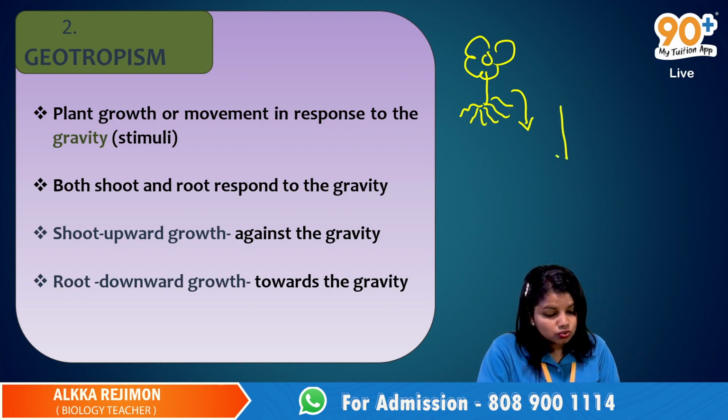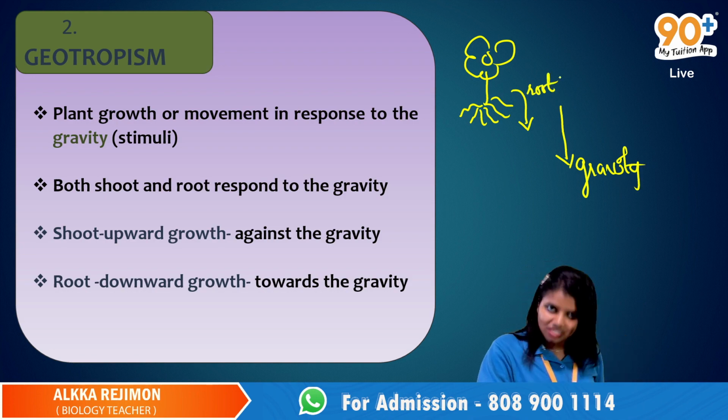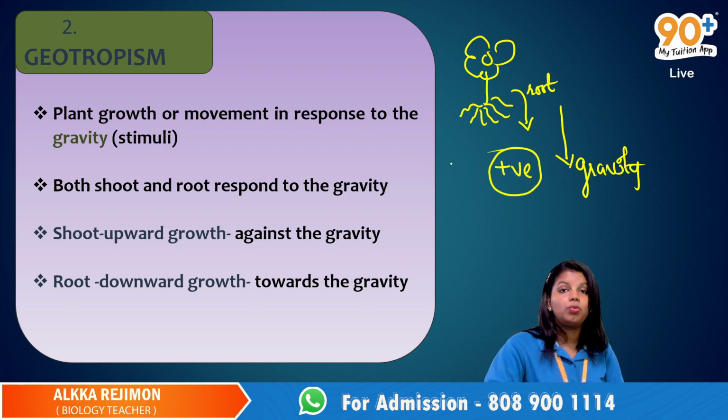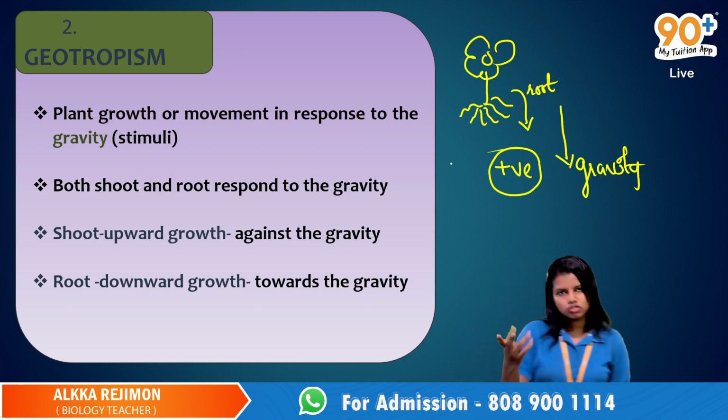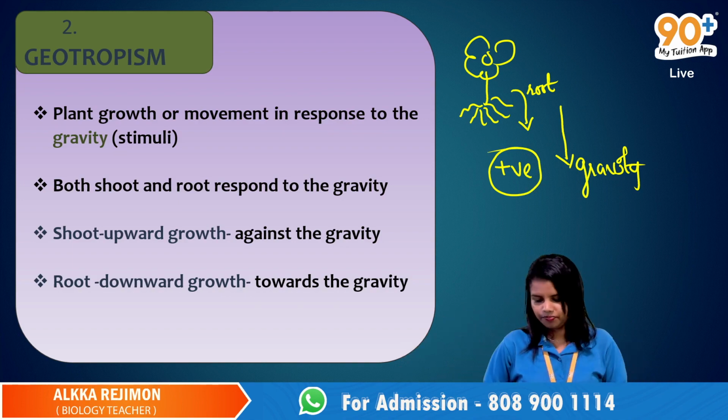That is towards the gravity. Gravity is a pulling force in this direction, right? It moves in this direction or downwards. So root also has this particular tendency to move towards the gravity, and since it is moving towards gravity, you can call it positive geotropism. So it is completely different from the phototropism, but the concepts are similar.